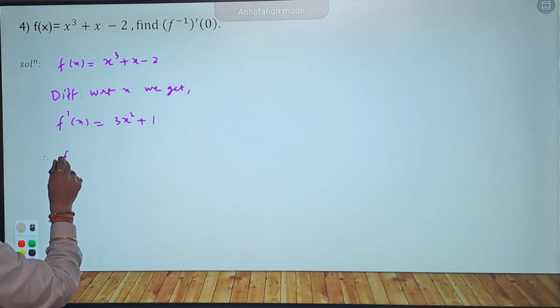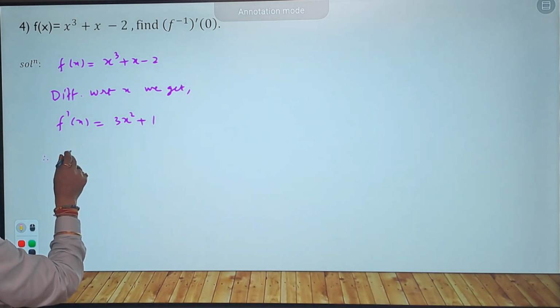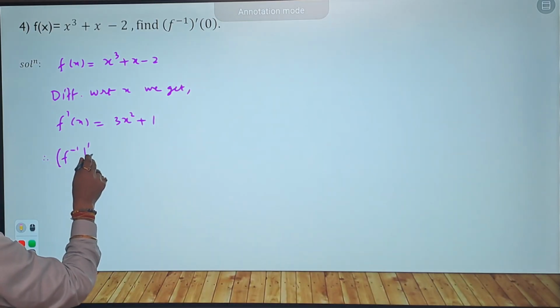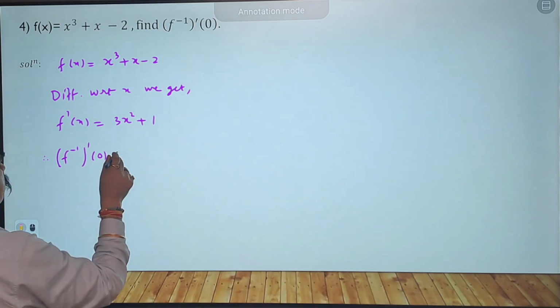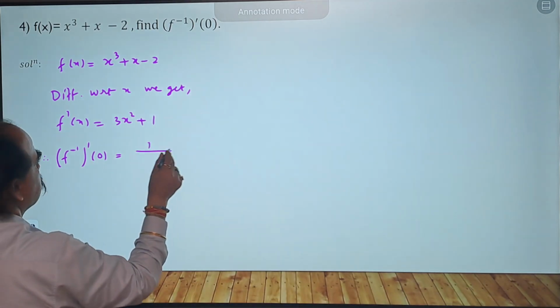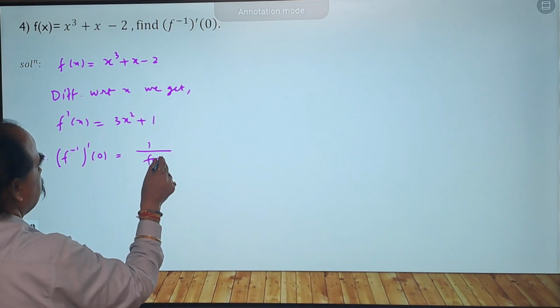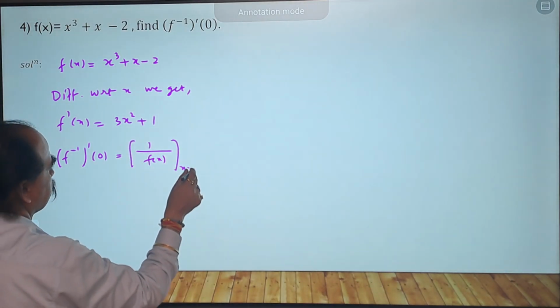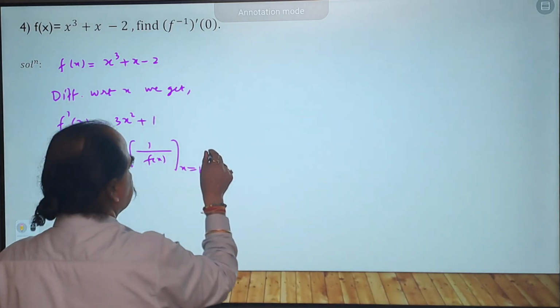Therefore, f inverse dash at 0 is 1 upon f dash x when x is 1.